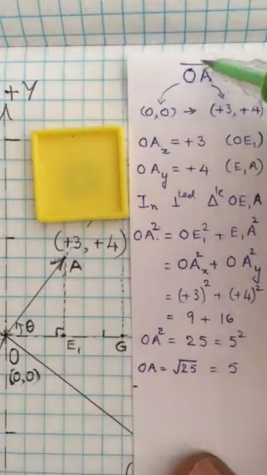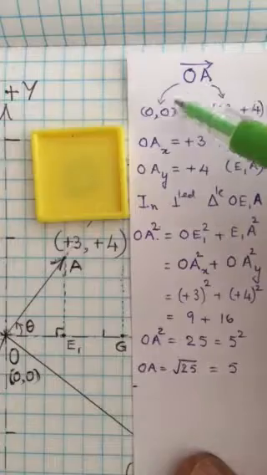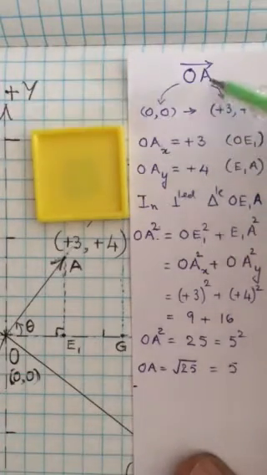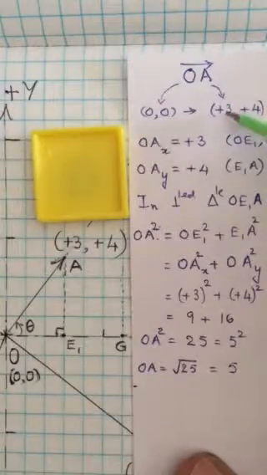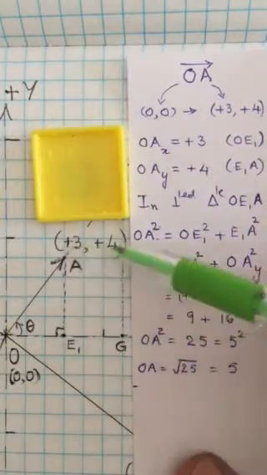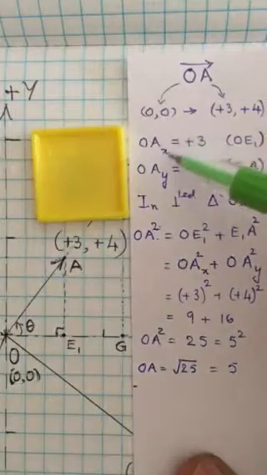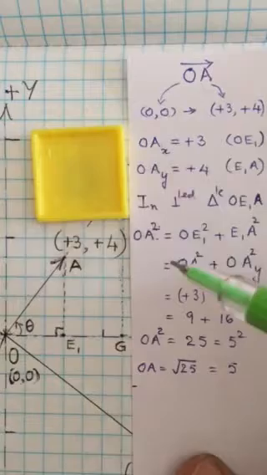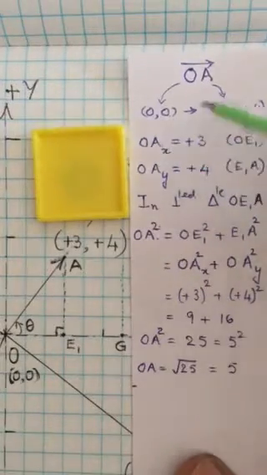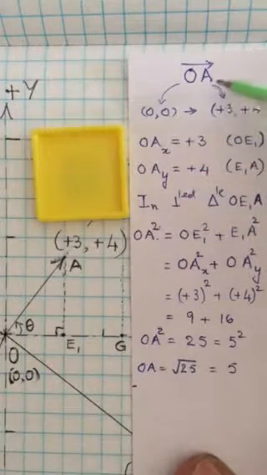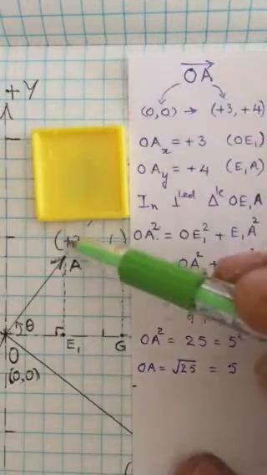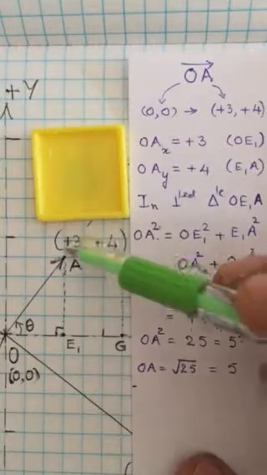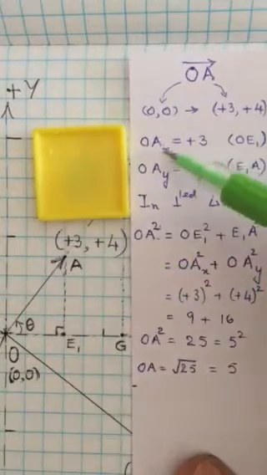See, this is vector OA and the initial point O has coordinates 0, 0 and the final point A has coordinates plus 3, plus 4. Now the x component of vector OA, we write OA sub x, is equal to simply the x coordinate of the final point A, which in this specific case is simply plus 3.